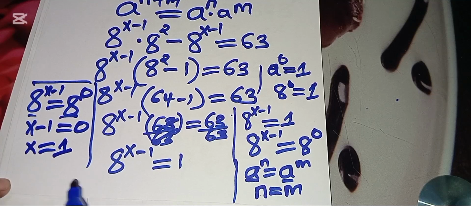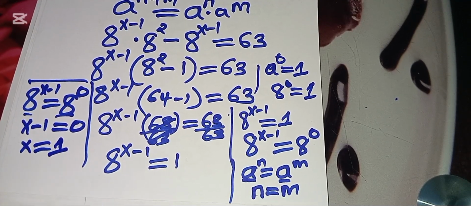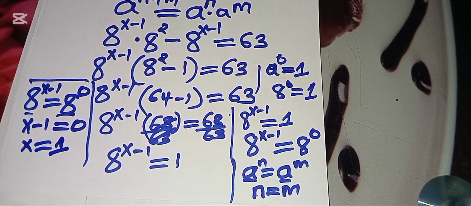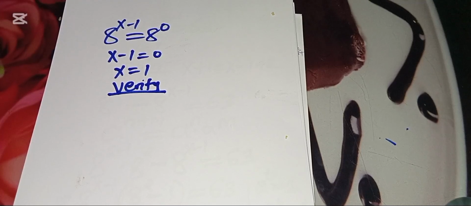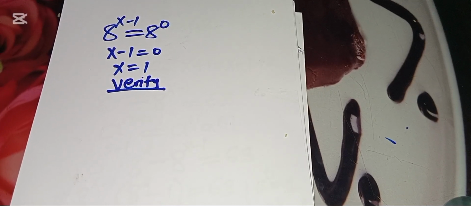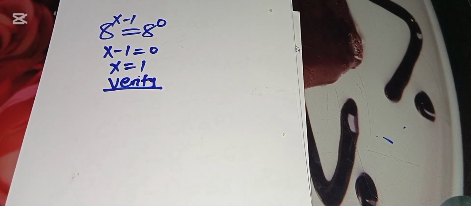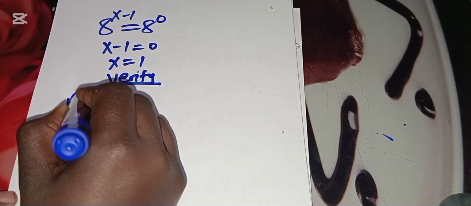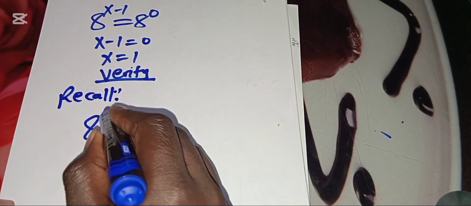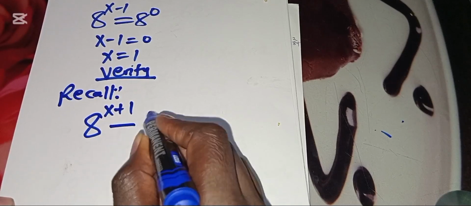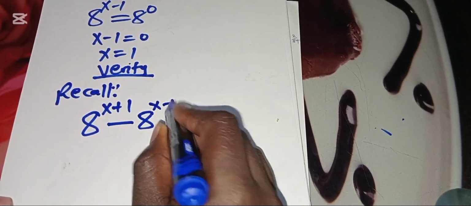So that means that x is equal to 1. So let's verify that actually the value of x, which is equal to 1, satisfies the equation. Now as you can recall, we have 8 raised to power x plus 1 subtract 8 raised to power x minus 1.